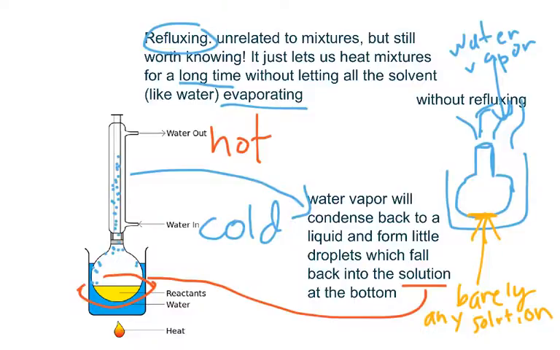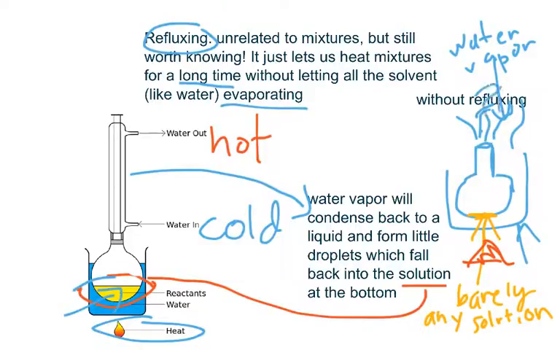So for example, let's just say we have a yellow solution like that one over there, and we want to heat it for a long time without having all the liquid water inside it all evaporating through this tube. So in this drawing I made, if we don't have a refluxing tube attached to the tip of the flask, what will happen is as you heat the solution, so this is like a fire, all of the water vapor will escape and you're left with basically no solution.